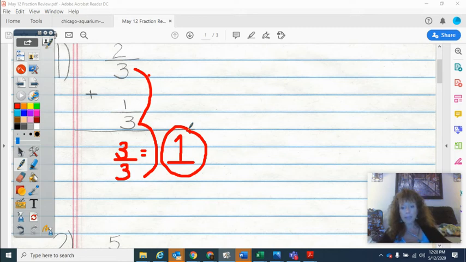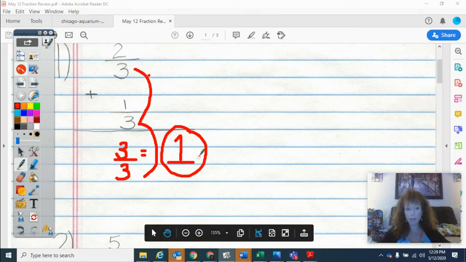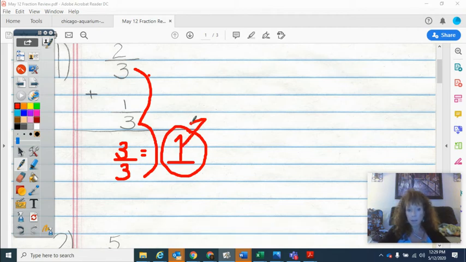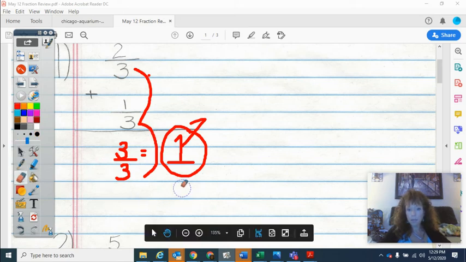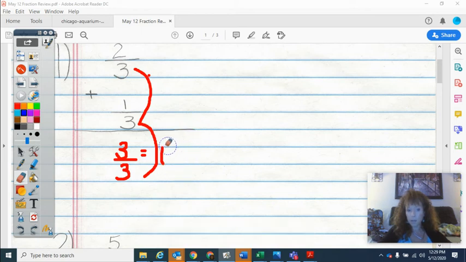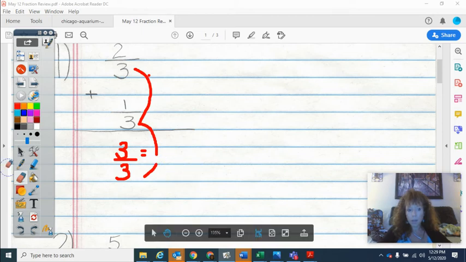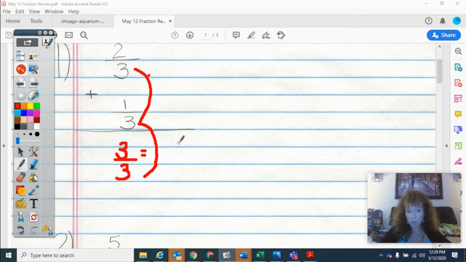And when I say best answer, if you got 3/3, then you got it mostly right, but 1 would be the best answer. The whole number 1 is most likely the answer you would see on any type of multiple choice assessment, whether it's an SOL or some other type of assessment. Most likely, the answer choice will not be 3/3.